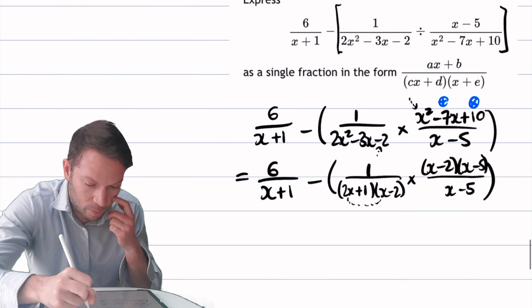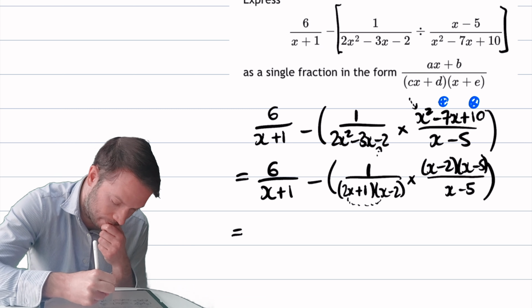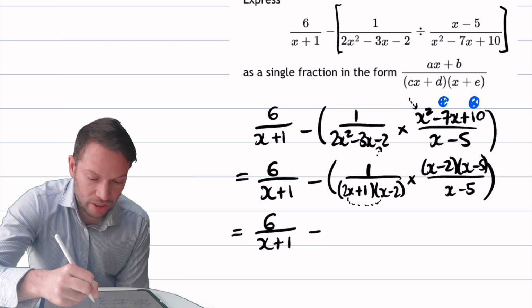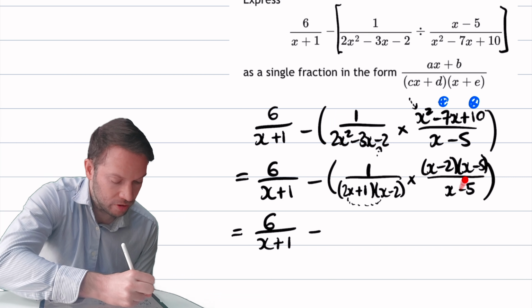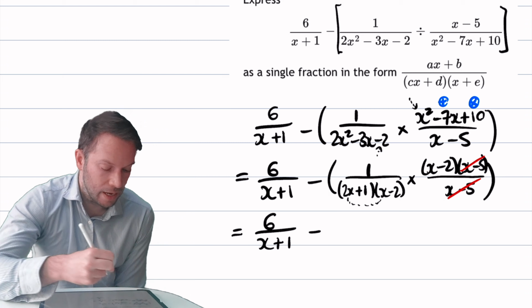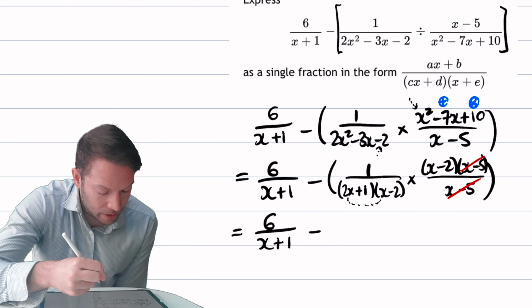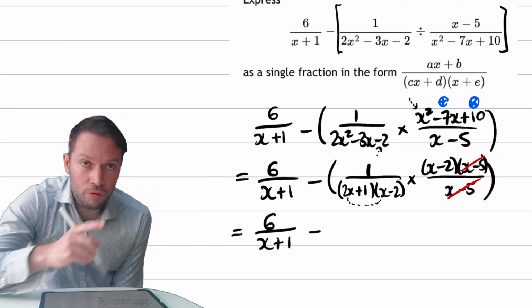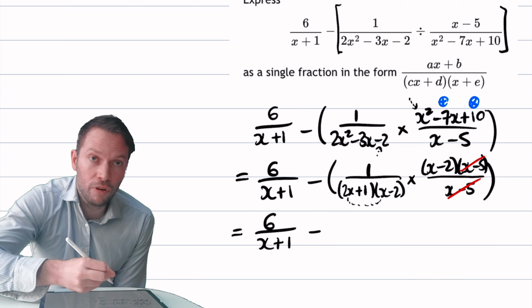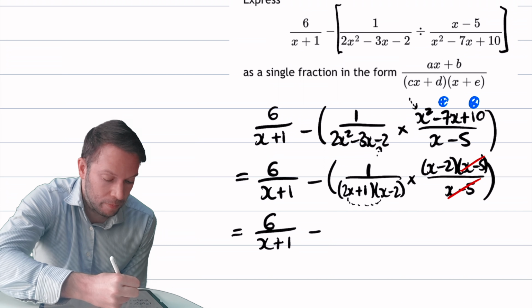Now we can see what we might be able to cancel. I can immediately see I can divide top and bottom of this fraction by x minus 5. So that cancels, and we're just left with x minus 2. You can also do something called cross-cancelling. Whenever you're multiplying two fractions together, you can divide the top and bottom by something, but diagonally.